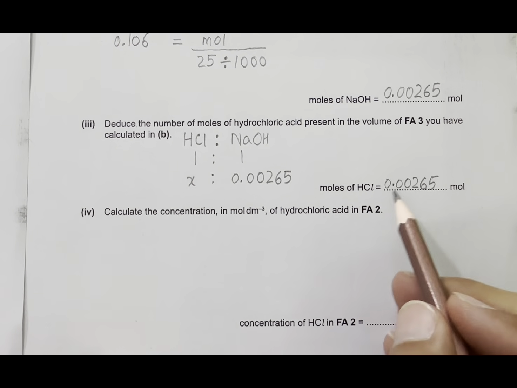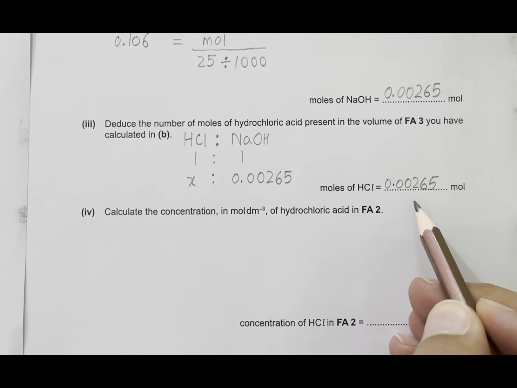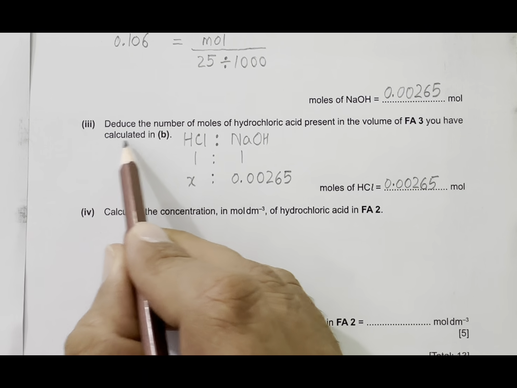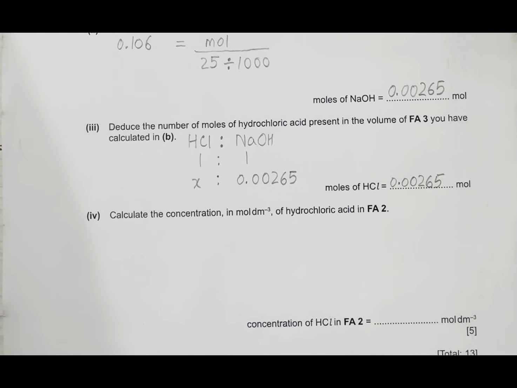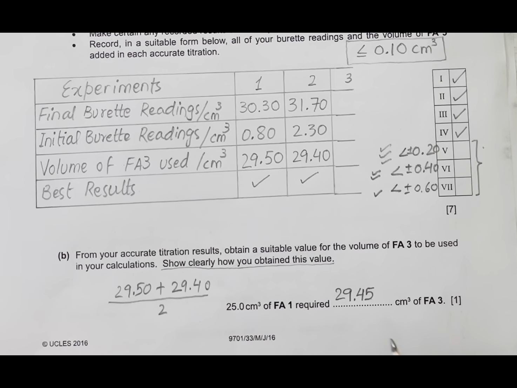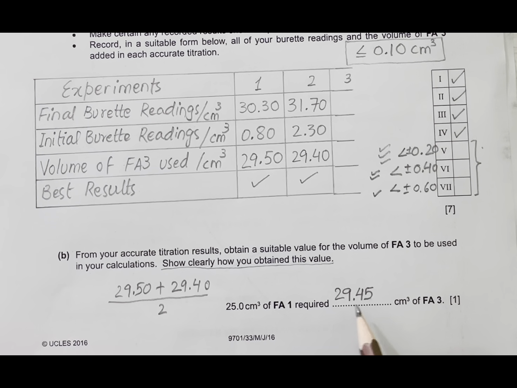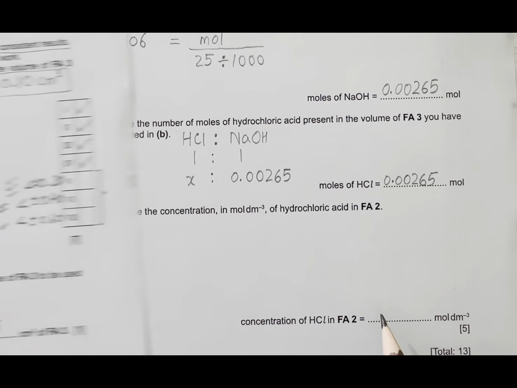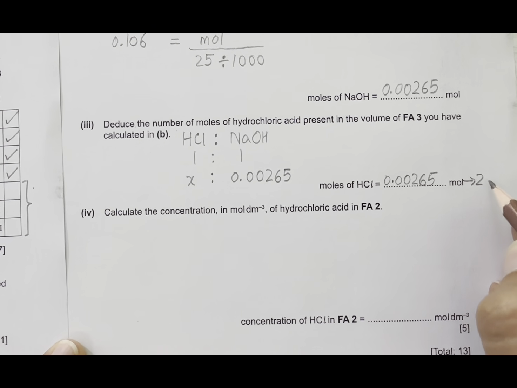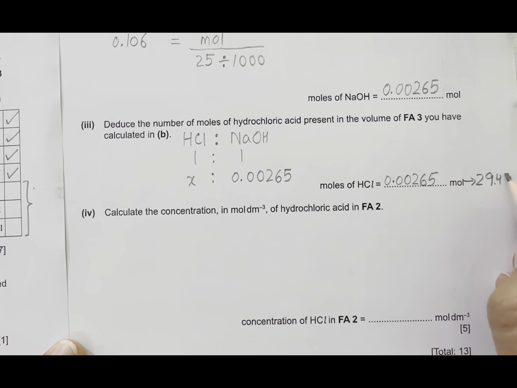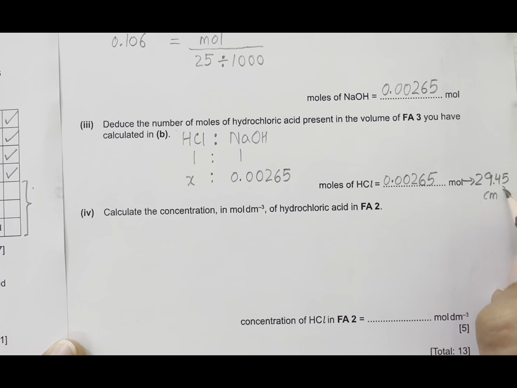Now this is the number of moles of acid present in the volume of Fa3 calculated in B, which means in part B we have seen the volume was 29.45. It means these moles are present in 29.45 cm³.